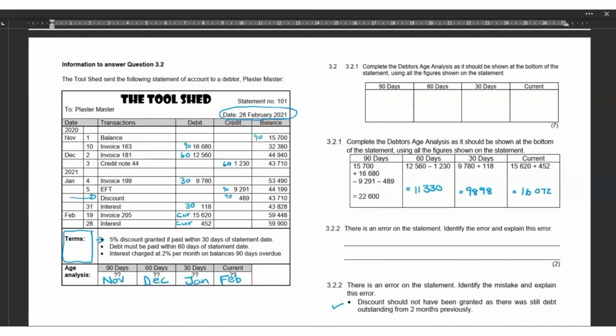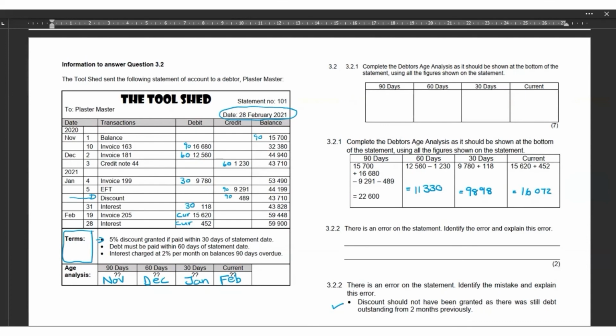In our next statement, on the 15th of March, when we've been able to go to the bank and deposit that check, it will appear. So we can tell Plaster Master that on the 15th of March, that check will appear on their statement. Where is it now? That check will not be sitting at the bank because we can't cash it yet. We can't deposit it yet. So that check will be sitting in our safe.